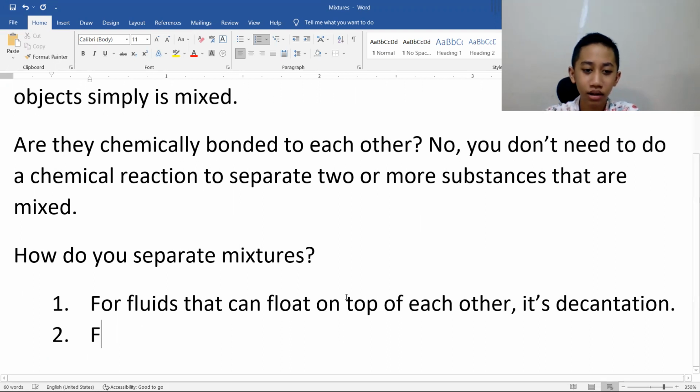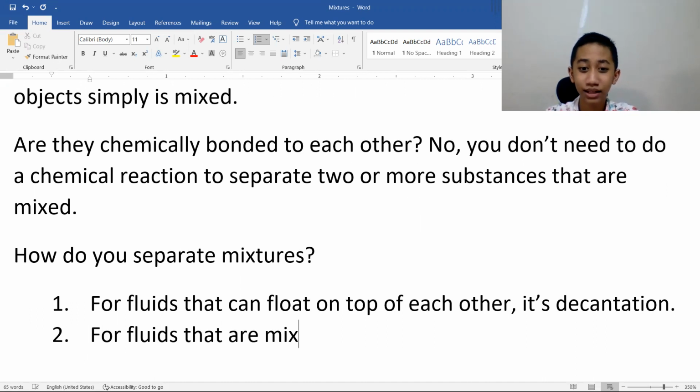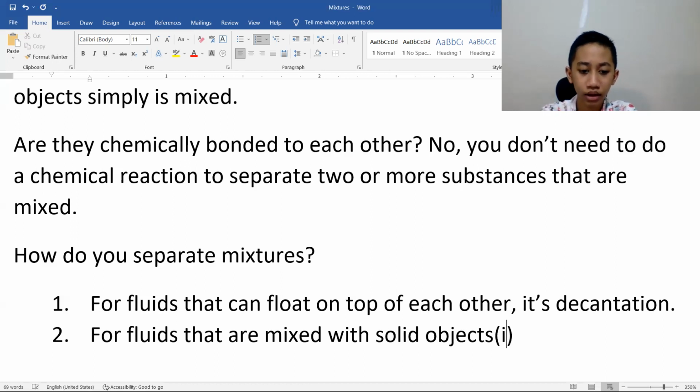And then for fluids again that are mixed with solid objects that are insoluble.